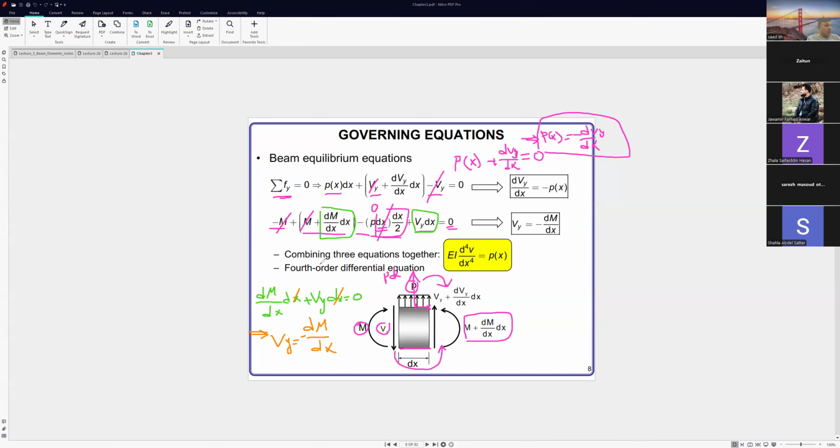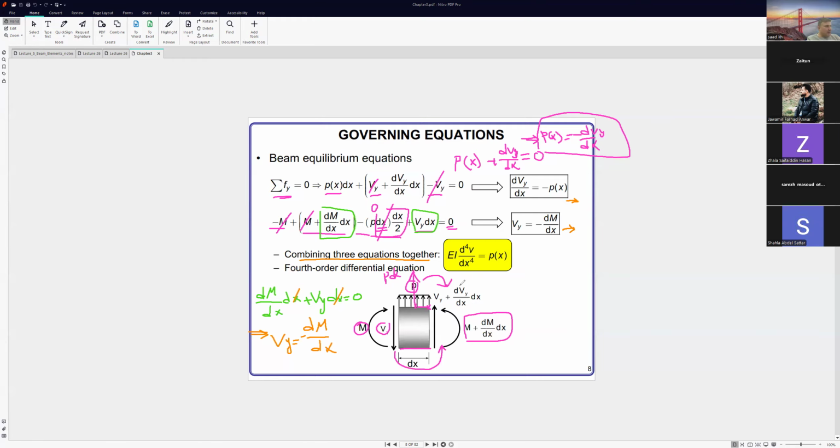So combining three equations together, we have P is equal to dV over dx. We have V also equal to dM over dx, okay? And if we combine this equation and the previous one, we can get this equation: EI d to the power 4 v over dx to the power 4 is equal to... So how can we get this one?